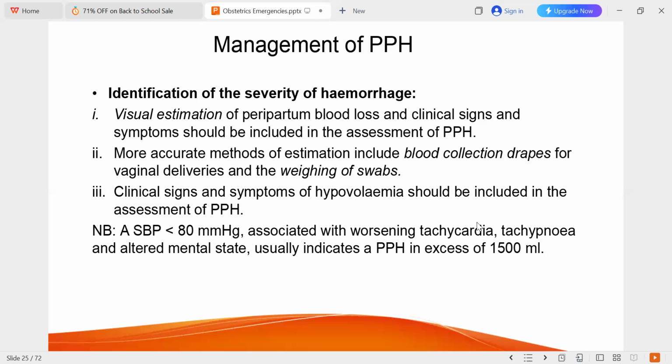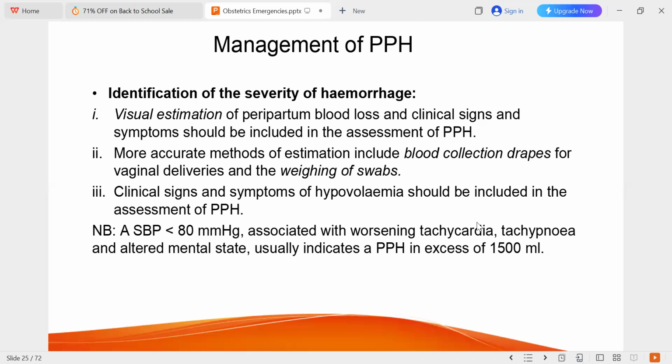But note that any patient bleeding with a systolic blood pressure less than 80, as well as worsening tachycardia, tachypnea, and altered status, this should point towards PPH, especially with a blood loss of more than 1.5 liters.